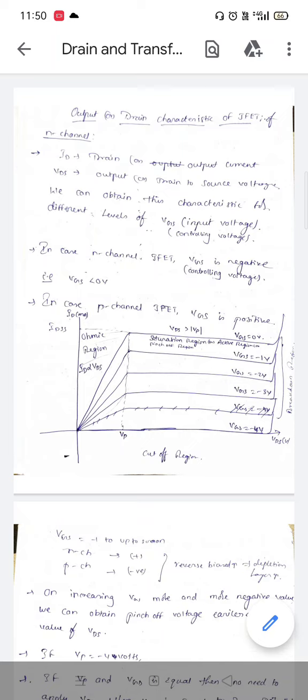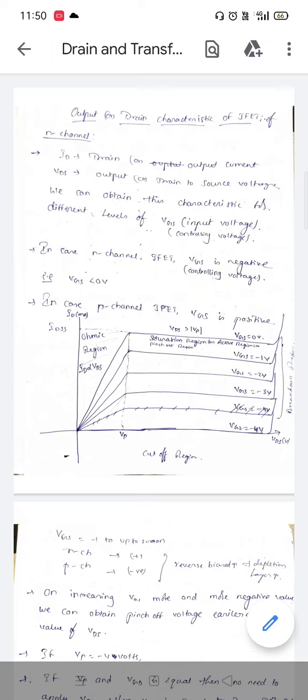Like that, if we decrease VGS to minus 1 volt, the pinch-off voltage will be obtained earlier than with VGS equal to 0 volts. If we decrease the voltage between the gate and source terminals, we obtain VP, the pinch-off voltage, at lower values of VDS.